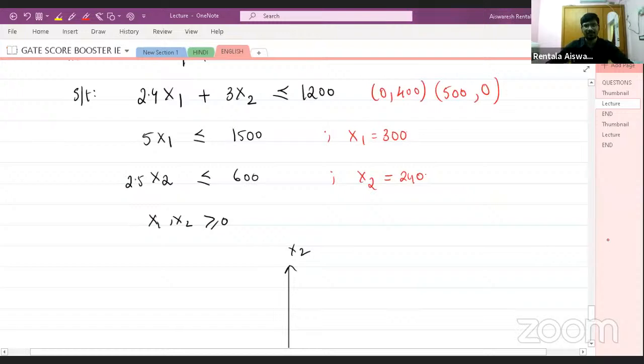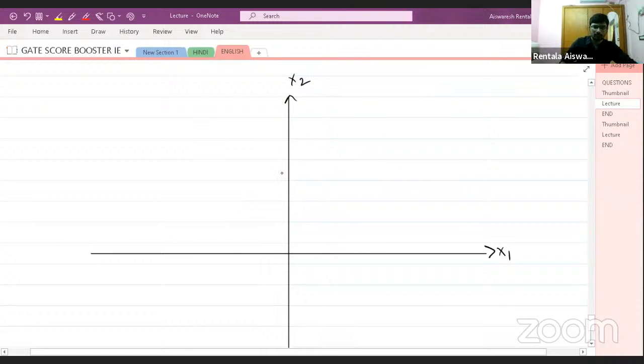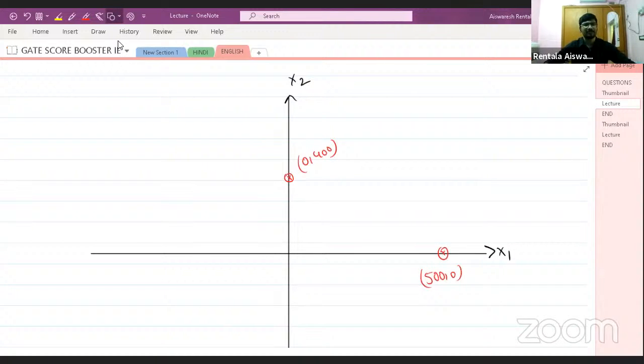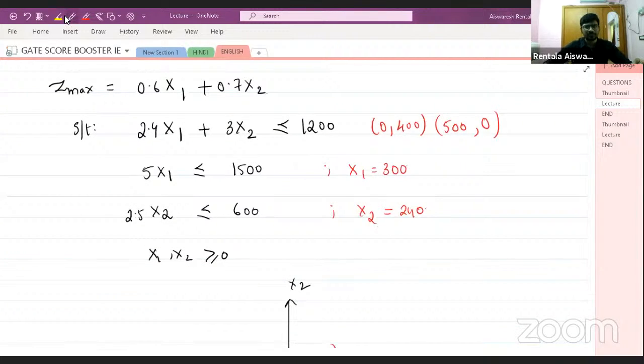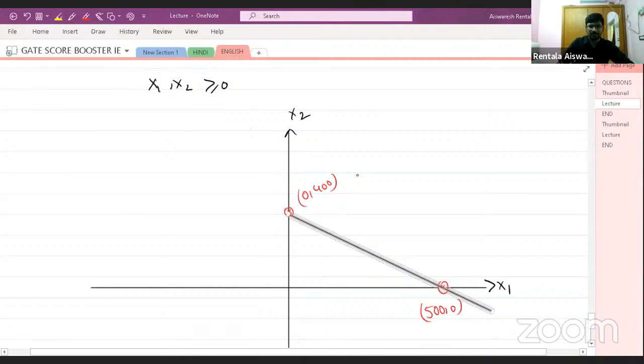So x1 and x2: 0 comma 400, 500 comma 0. Let us say this is 0 comma 400, and this will be 500 comma 0. So join them with the help of a straight line. Right, so x1 is equal to 300, maybe somewhere here.